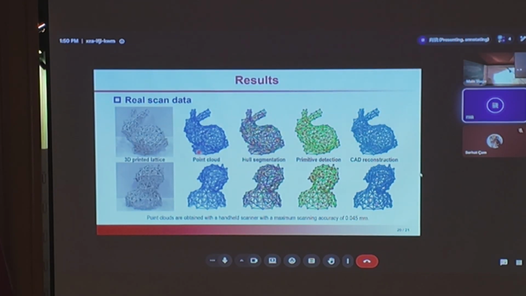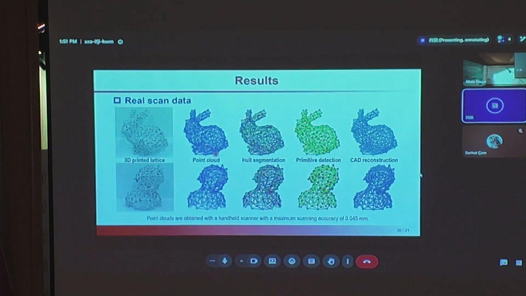Then we scan the lattice with a handheld scanner to get the point cloud data. This point cloud data will contain scanning errors, and it may also contain some data loss, because for some parts of the lattice we may not get points from the scanner.